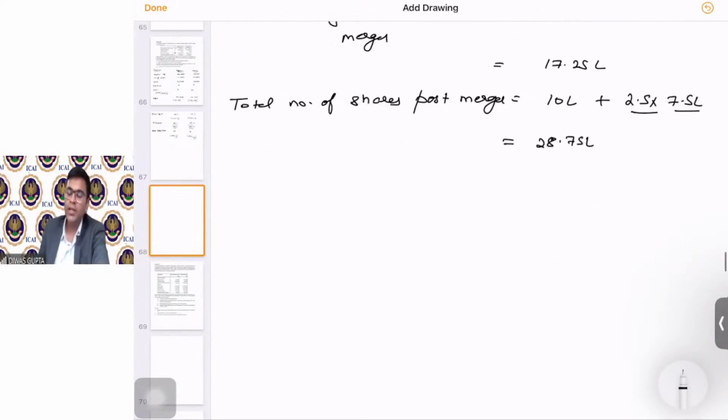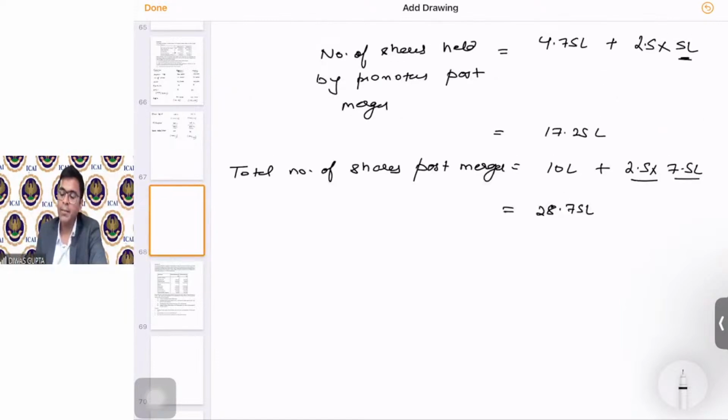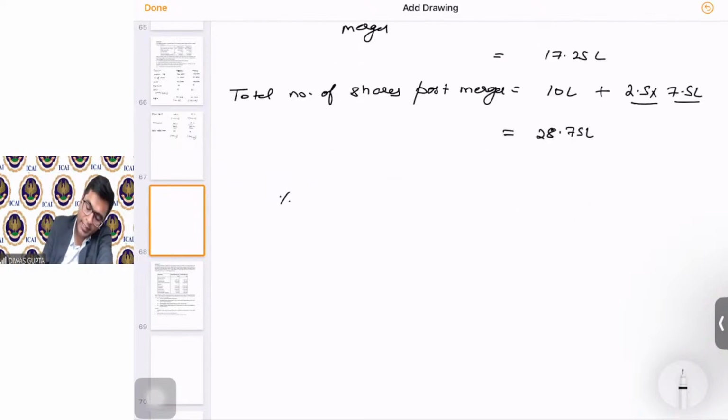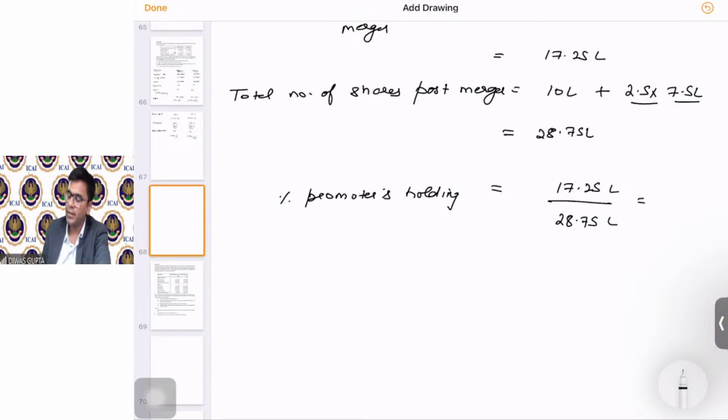If the total number of shares is 28.75 and the promoter's holding is 17.25, can we calculate the percentage promoter's holding? 17.25 divided by 28.75, both in lakhs, is actually 60%, students.